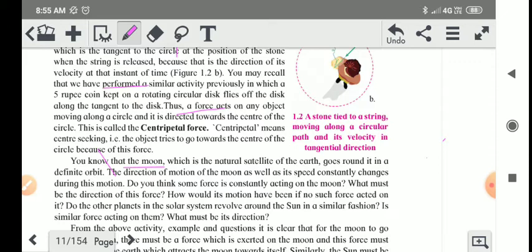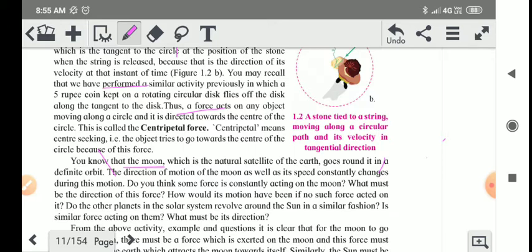What must be the direction of this force? How would its motion have been if no such force acted on it? Do the other planets in the solar system revolve around the sun in a similar fashion? Is a similar force acting on them? What must be the direction?